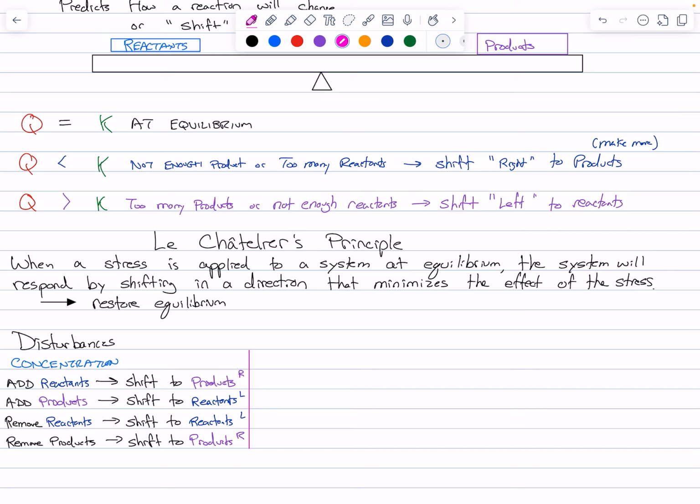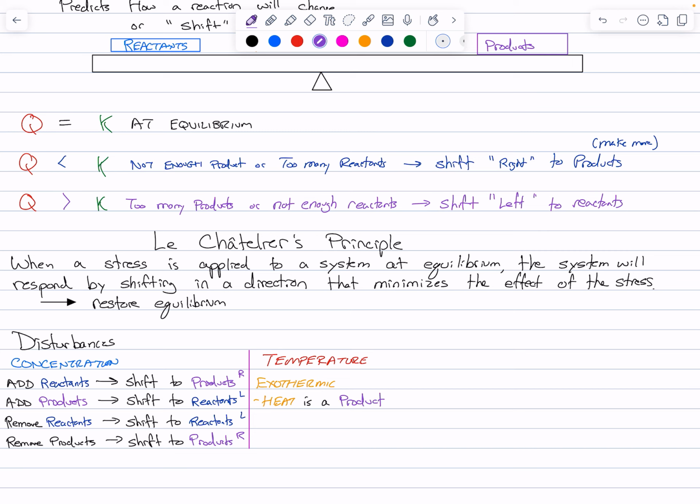The next one is temperature. If something is exothermic, heat is a product.